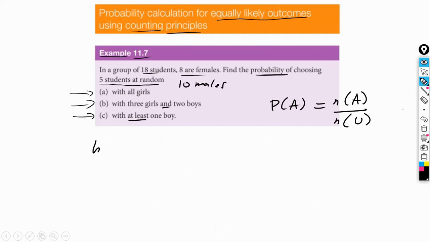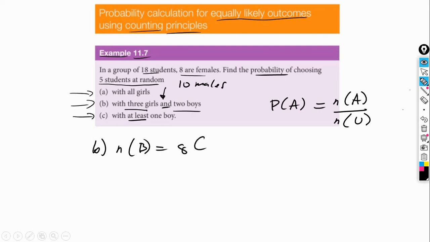So for part B, they want us to see what is the probability of picking 5 students at random with 3 girls and 2 boys. Whenever you see the word and, this implies a multiplication. What do I mean by that? Well, the total number of outcomes for event B would be how many different ways are there of picking 3 girls from the 8, right?